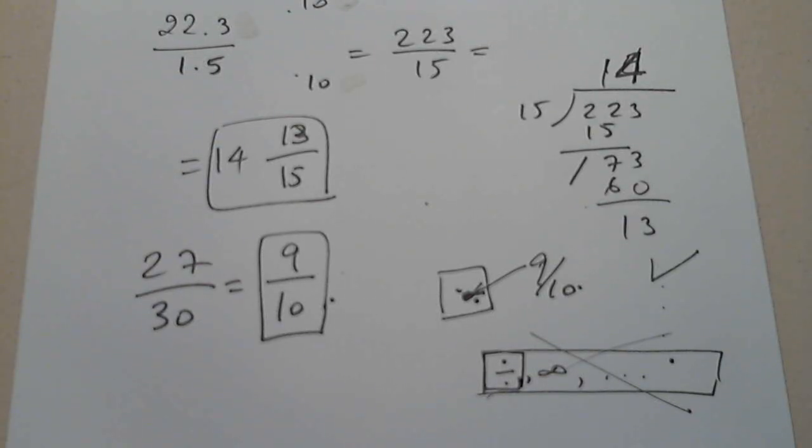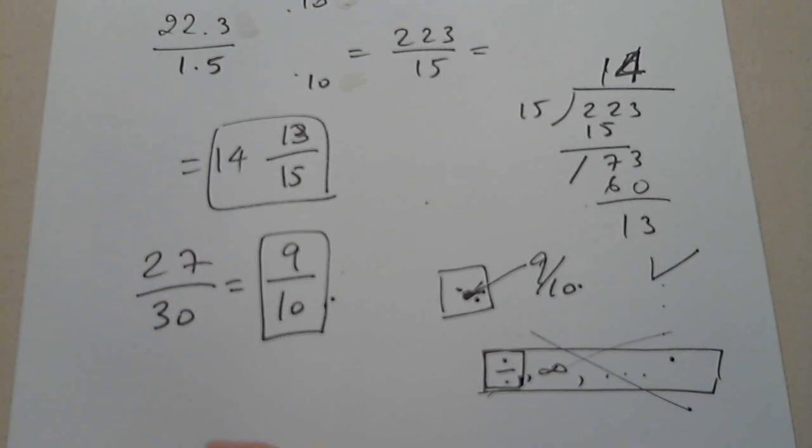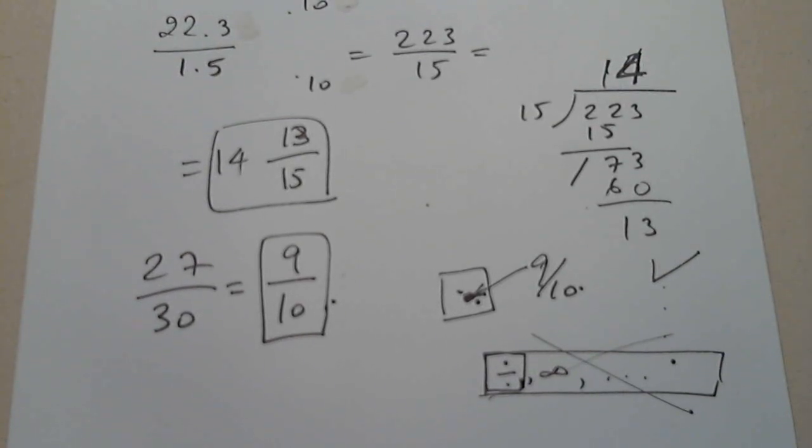Yes, we're working on problem 4, and we have 12 plus 3 times 7, and we're asked to use the commutative property of addition to rewrite this expression. How do we change this into an equivalent expression using the commutative property of addition?